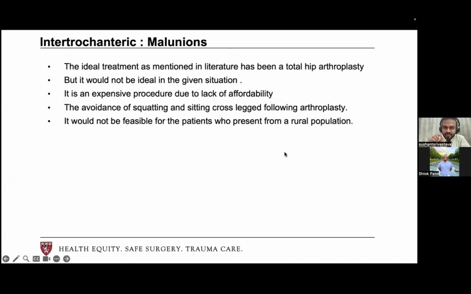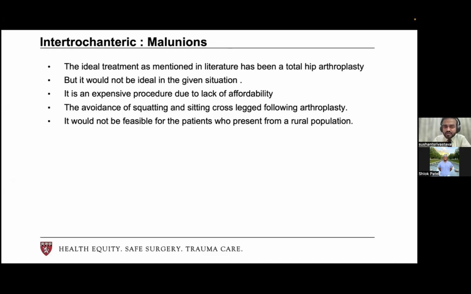The ideal treatment mentioned in literature is total hip arthroplasty. But for the geographical and demographic region which I come from, it's not an ideal situation. It's expensive for them. Even if they do not have a particular Yojana card which is used in this part of the world, they cannot afford it.